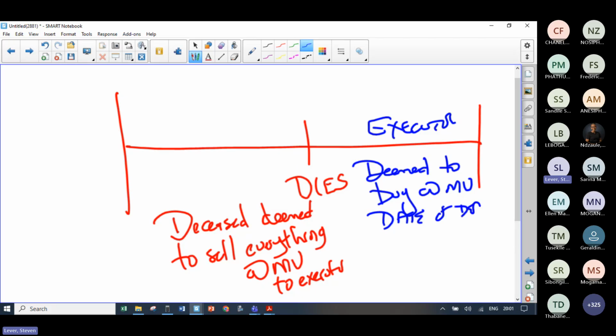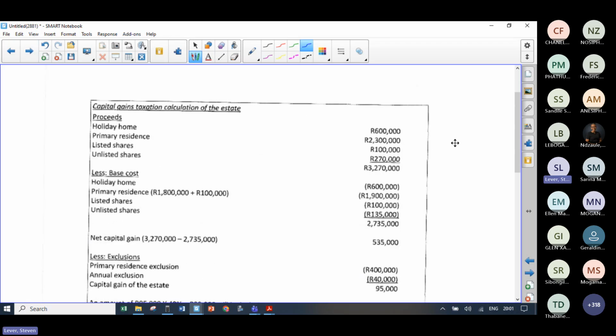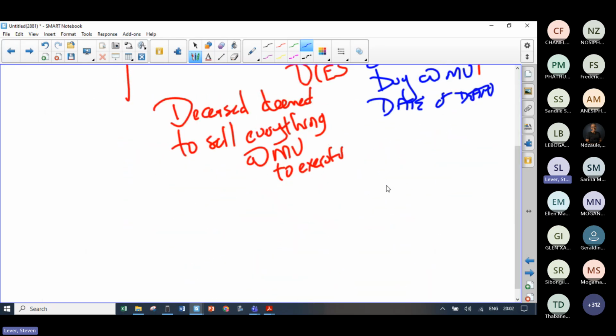So all of these proceeds, what the guys are deemed to sell, becomes the 600, the 1800, the 100,000, the 135, becomes the base cost here. There's the 1.8, by the way. We'll unpack it now. So that's what his base cost is. He's deemed to buy everything at market value. Let's just explain how to work out proceeds.